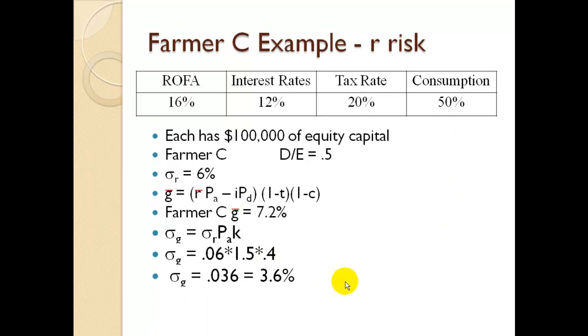We calculate that out, we get 3.6% as our standard deviation of G. Our coefficient of variation, remember, is a relative measure of risk, so we're relating the standard deviation of G to G. And so in this case it's 0.036 divided by 0.072, or 0.5.